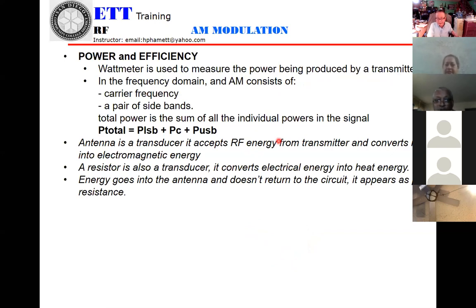A DMM only measures the voltage and the current, DC and AC. Sometimes it can measure the frequency, and the capacitor and inductor. However, it cannot measure the power. If you want to measure the power, then you have to use a watt meter.